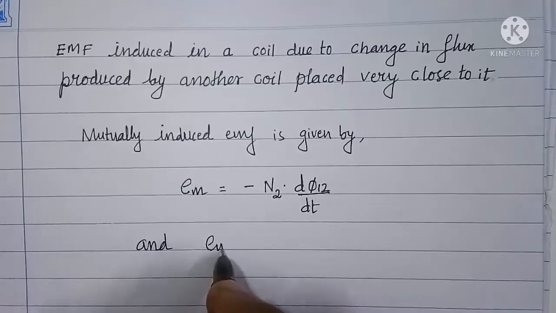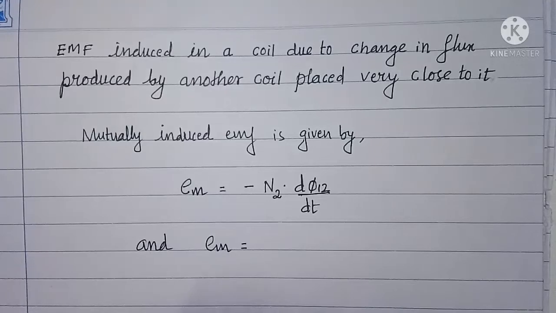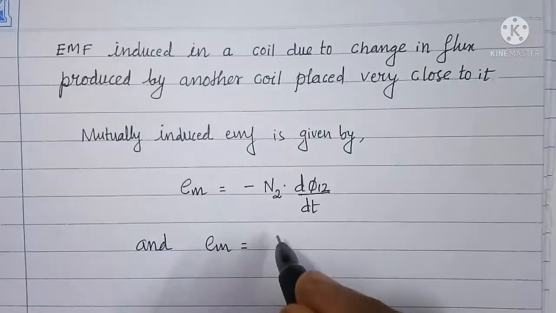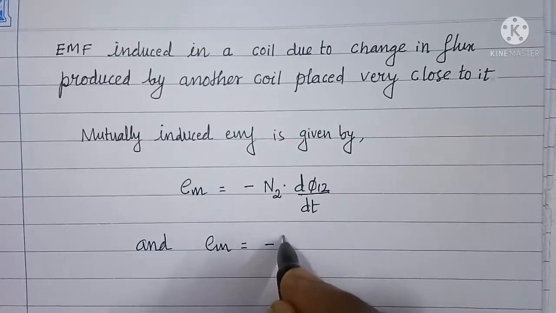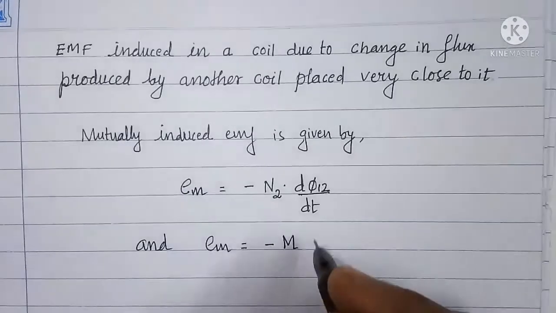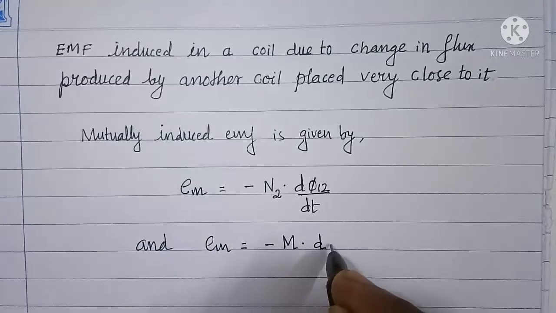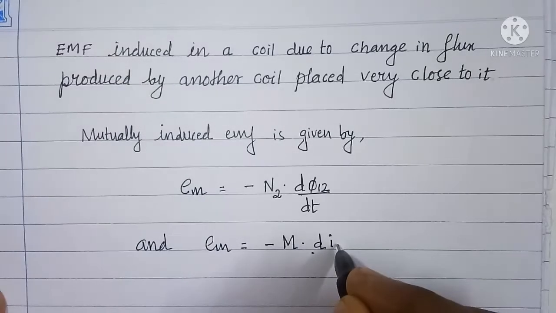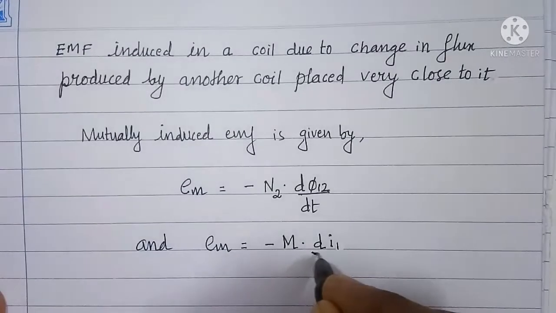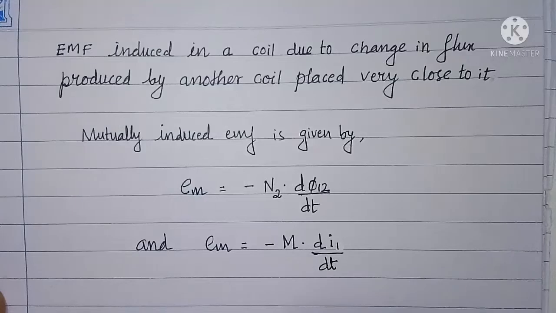Mutually induced EMF is also given by minus M into di1 by dt, where M is the mutual inductance between coil 1 and 2 and di1 by dt is the rate of change of current flowing through coil 1.